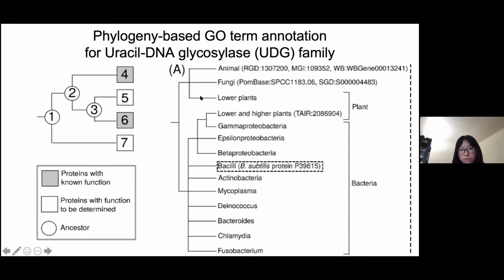So the most recent common ancestor for these 4 branches is here. So this is the best area we want to study because they have the most recent common ancestor. So UniProt assigned the mitochondria and the nucleus to the UDG protein in the Bacillus. This is the reason why the IBA made this mistake.